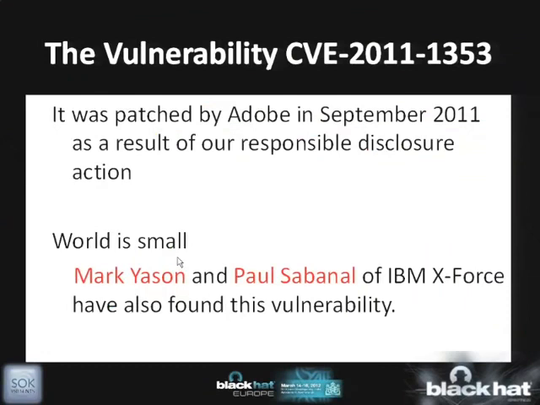So now for the vulnerability that we found in the course of our research. It was patched by Adobe in September 2011 due to our responsible disclosure action. And it turned out that Marquis and Impulse from IBM also found this vulnerability at the same time.